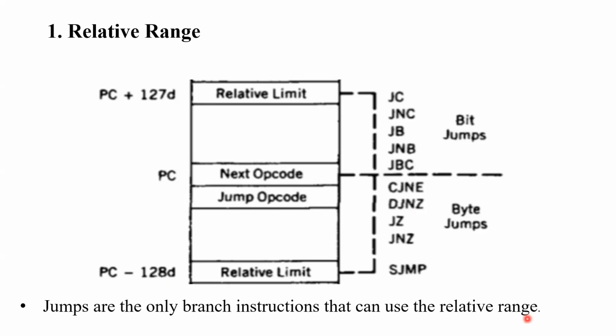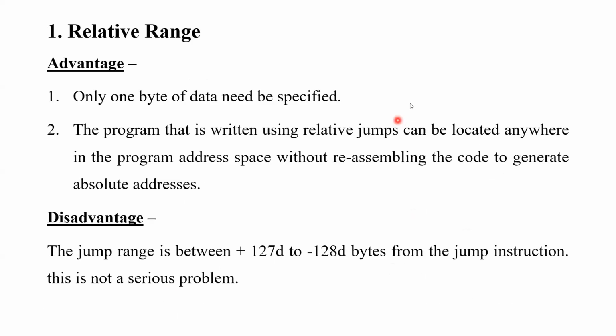Most of the programs we write are very small programs. So if you see the advantage of this, only 1 byte of data needs to be specified, because the range is between plus 127D and minus 128D.